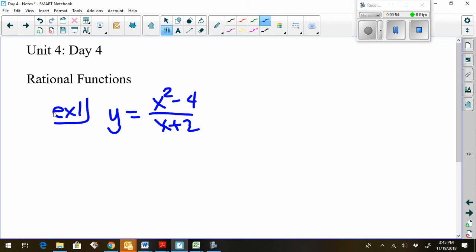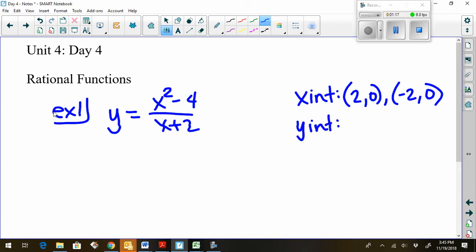Our x-intercept, first of all, is when we set y equal to 0. And when we solve this, you'll get your x-intercepts at (2, 0) and (-2, 0). As we keep going, you should be able to do some of this in your head. Your y-intercept is when we set x equal to 0.